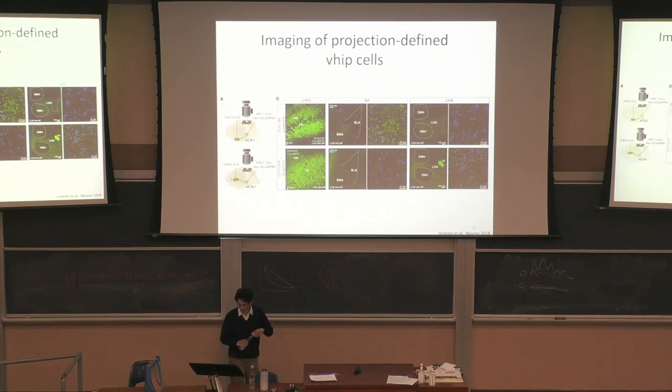The way they do that is they inject in the amygdala this new virus that I think we haven't talked about so far, which is called canine adenovirus. And this canine adenovirus is carrying the DNA to make this protein called Cre recombinase.